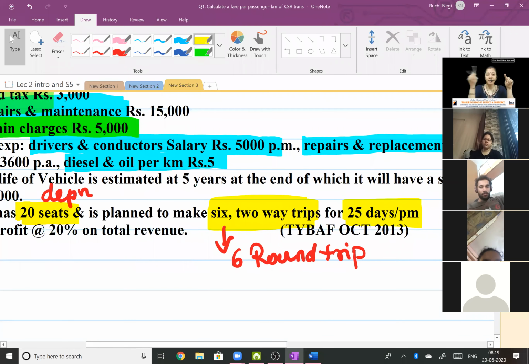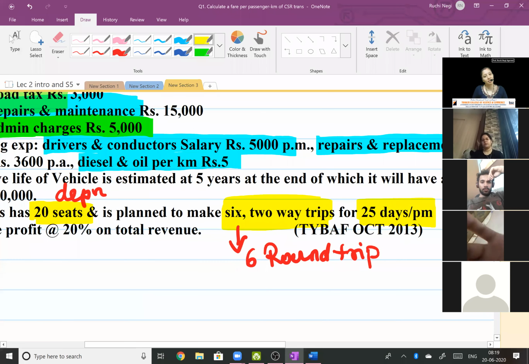When you read the question in the beginning, you get the feel that this is a yearly cost sheet. I also said yes with you, because at the end we will see there is one more alternative to this. So this is that alternative. It is mentioned it is 25 days in a month, so now this cost sheet has to be a monthly cost sheet. Some other indications will be there in the question so that you can identify whether it's yearly or monthly.